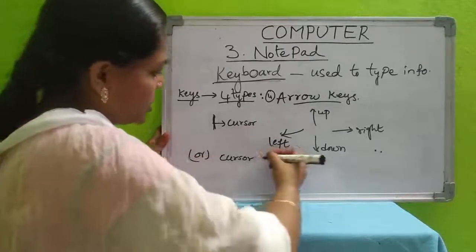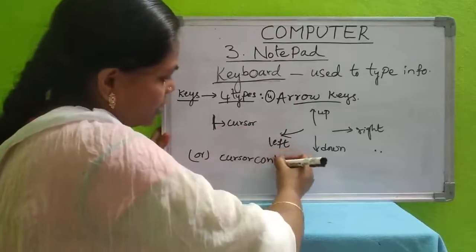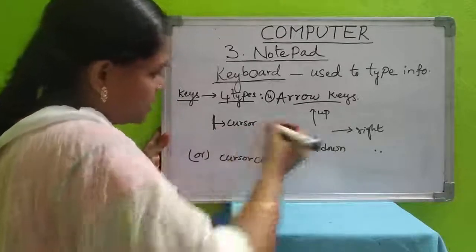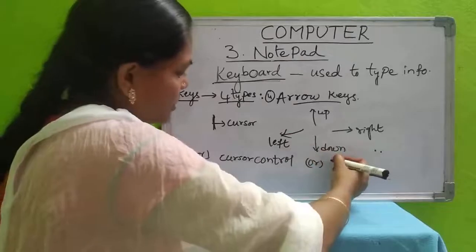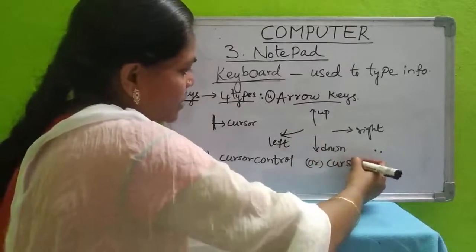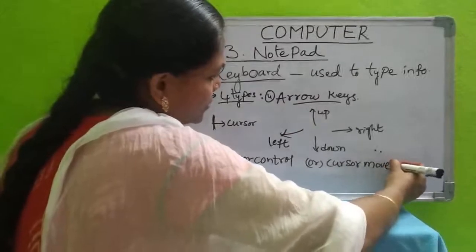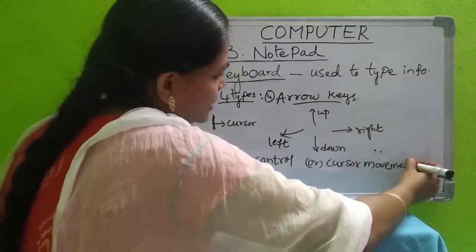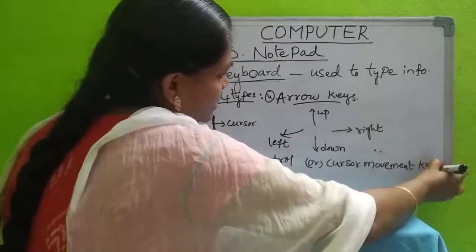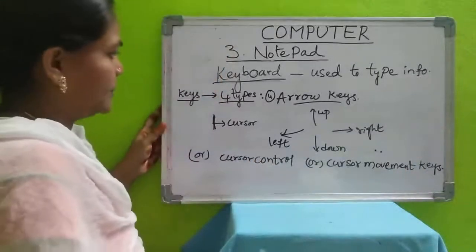So these arrow keys are cursor control or cursor movement keys. So 3 names for those arrow keys. Using these keys we can move the cursor.